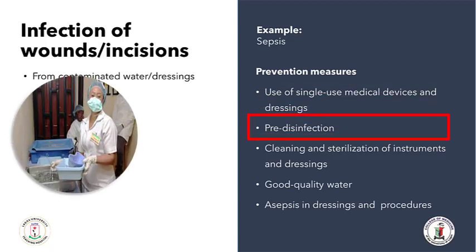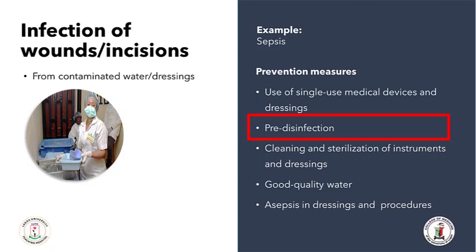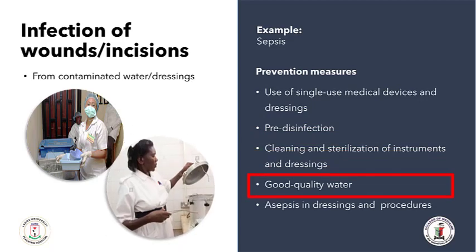You should disinfect the surface of the wound before you deal with it. In other words, you must have good aseptic procedures, meaning you need to wash your hands, you must make sure you're gloved, you must make sure that you use clean and sterile equipment and dressings. You need good quality water, and all your dressings and procedures must be carried out aseptically.